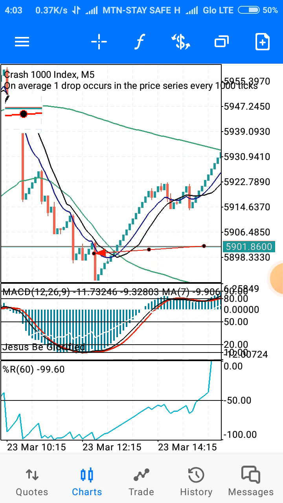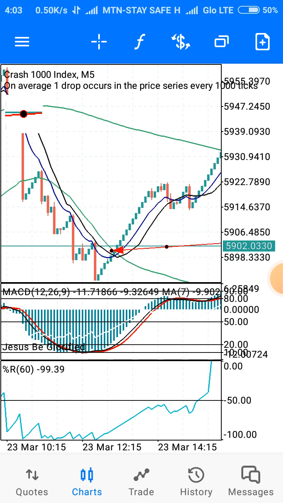And then once you see this drop outside of the band, what it's telling us is that crash 1000 is making an exhaustion, which means that crash 1000 is at its exhaustion point, and it will be buying back any moment from that period.